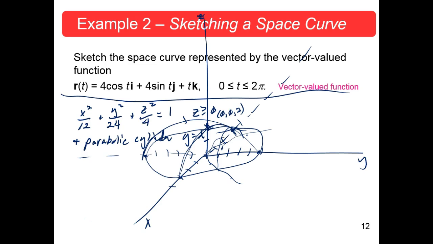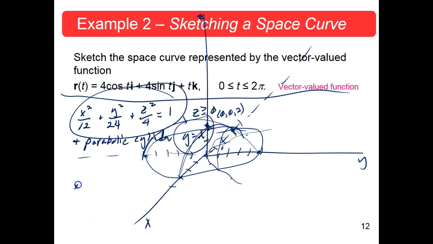figure out why that is at 2, 4, 0. Well, here's what you do. You know this has to be true, and it has to be true on that too. So instead of y, we're going to put in x squared.